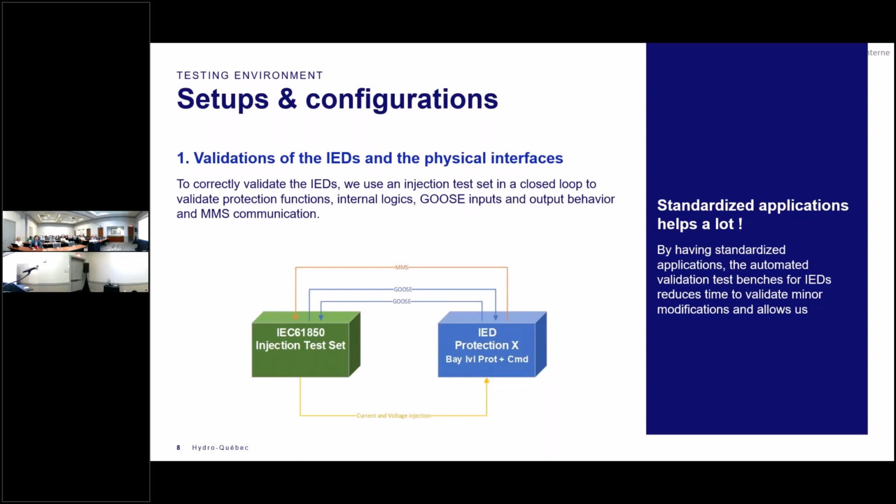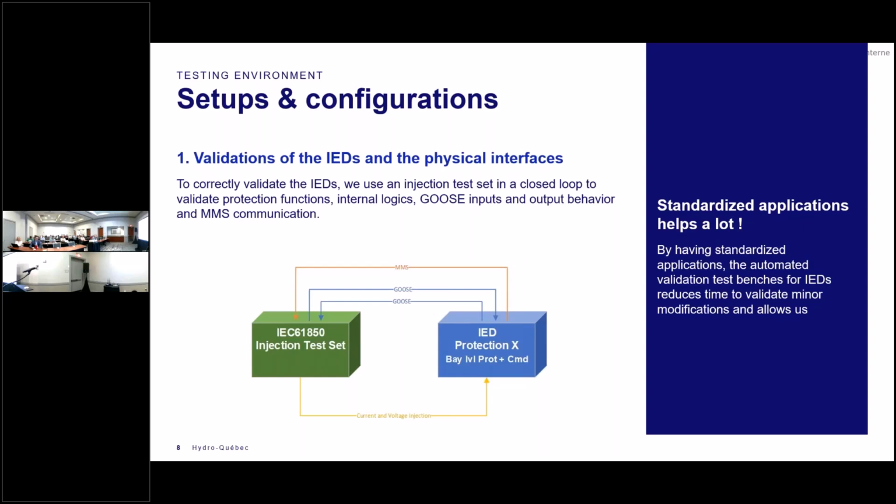So all of this was automated based on the different tools that we had, meaning that for a specific case of a protection trip, we were expecting to have the corresponding signals coming. So we were validating the GOOSE going out, the GOOSE going in, and we were testing all the different cases of the protections.